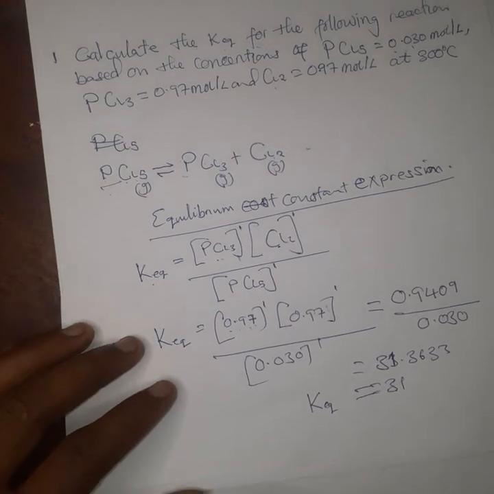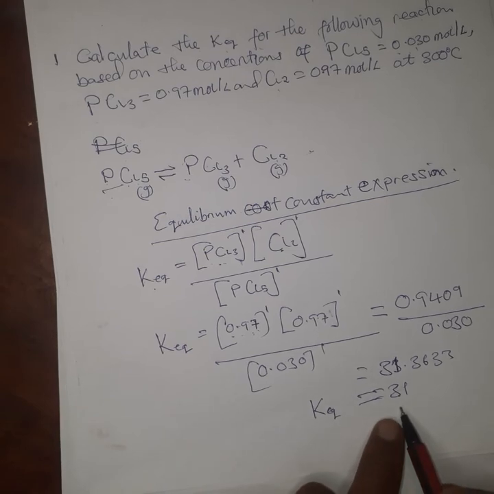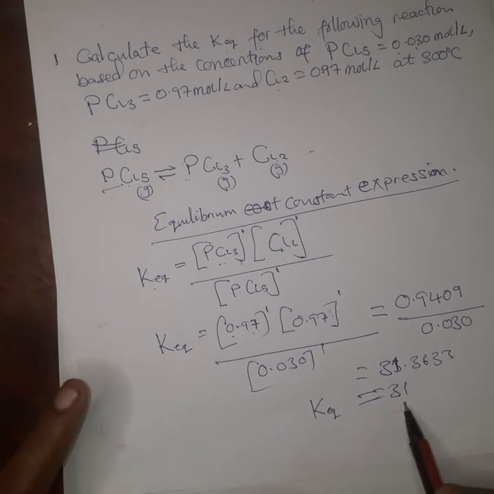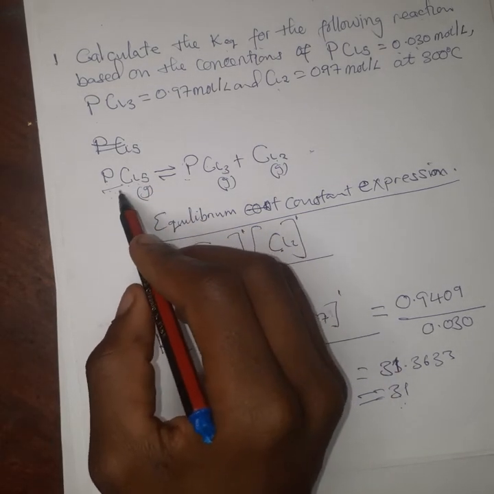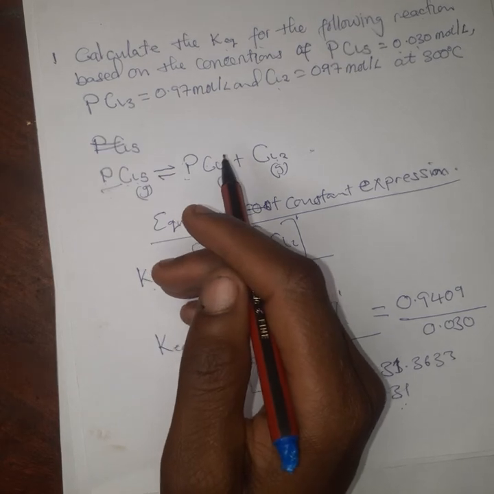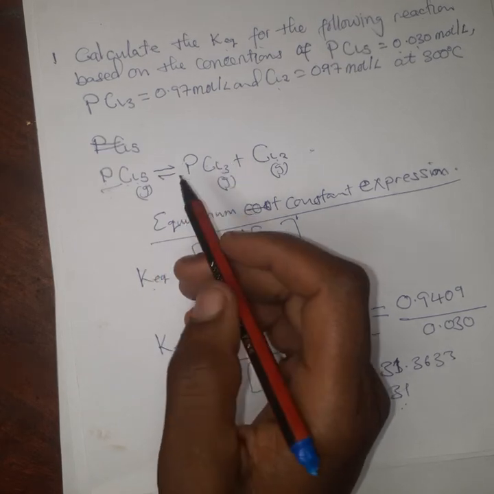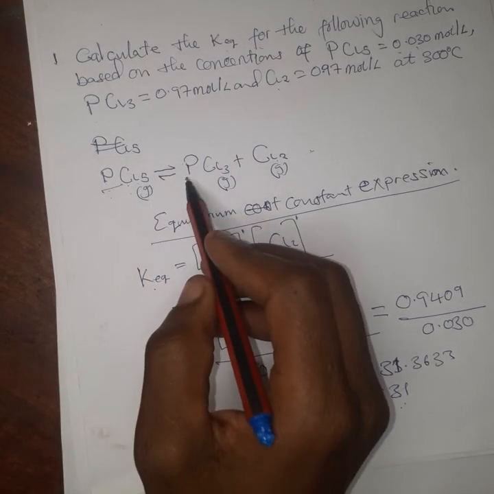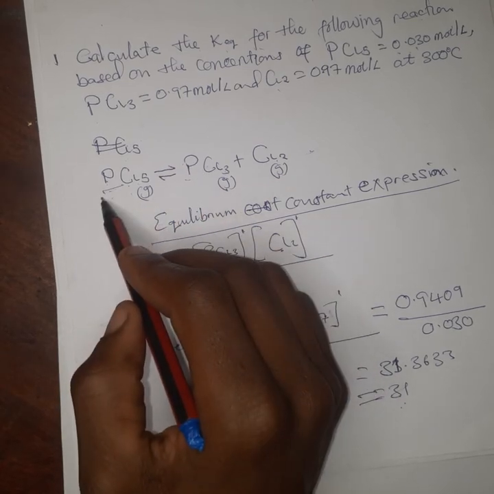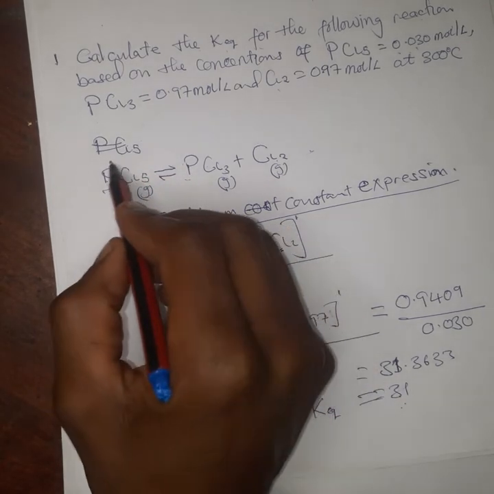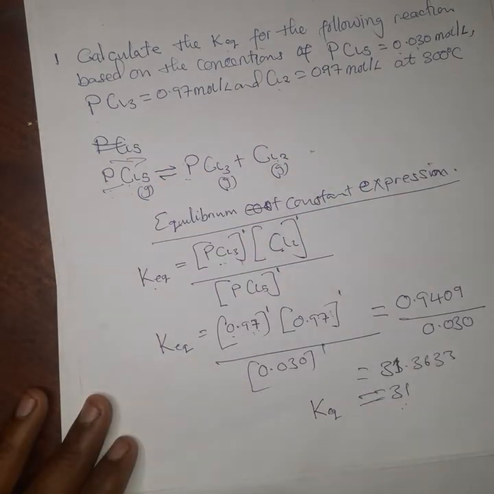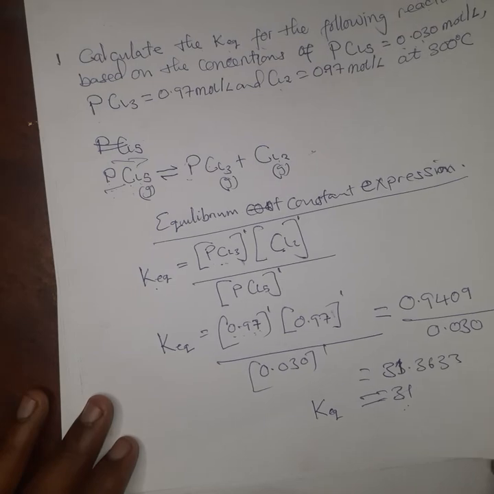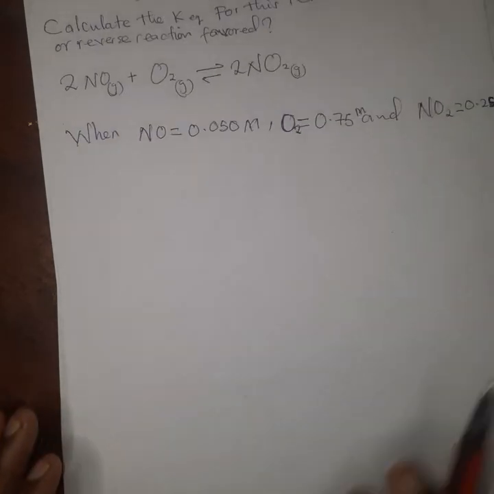Now if you look at this question, the value of the equilibrium constant simply means that the reactant, in this case the PCl5 decomposition, the rate at which it is being decomposed is faster than it is being formed. So the forward reaction has been favored, which means that the rate of reaction is going to the right side. Okay, thank you. Now let's solve the last question.